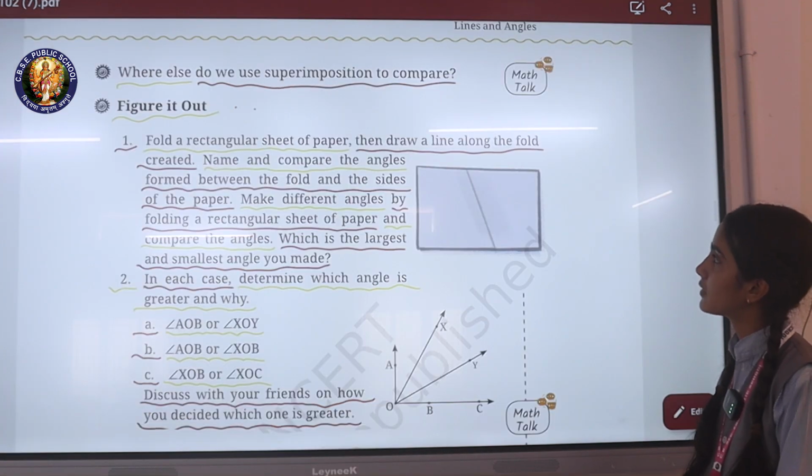Where do we use superposition to compare? Figure it out.